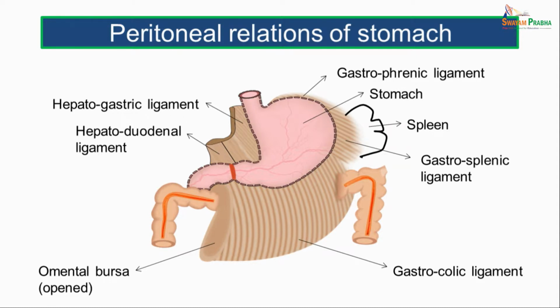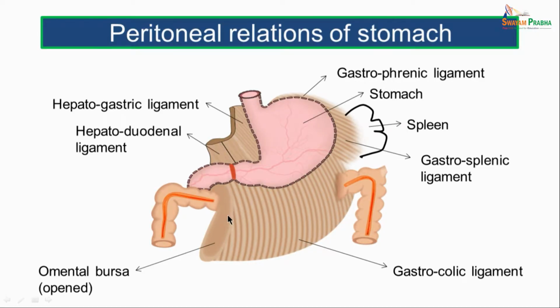It has got four layers. Layer number 1 and 2, which goes down, folds on itself and comes up as layer number 3 and 4 and goes right back to the posterior abdominal wall. Thus, as it is seen here, between the layer number 2 and the layer number 3 is a space which is nothing but the omental bursa or the lesser sac of peritoneum.